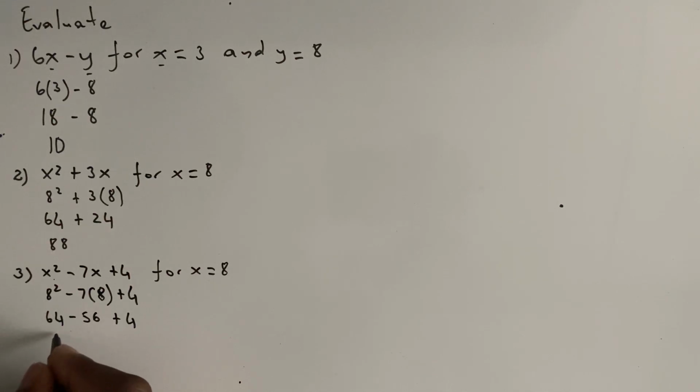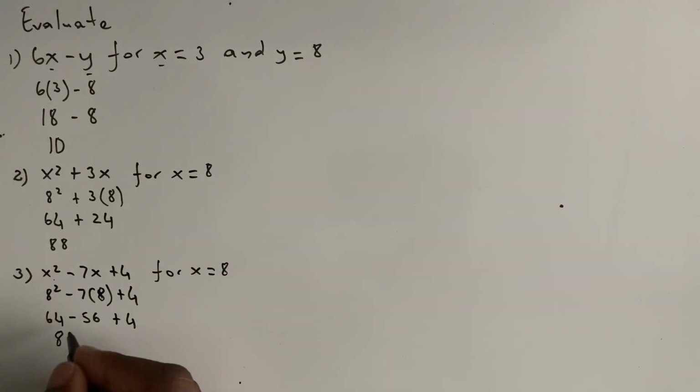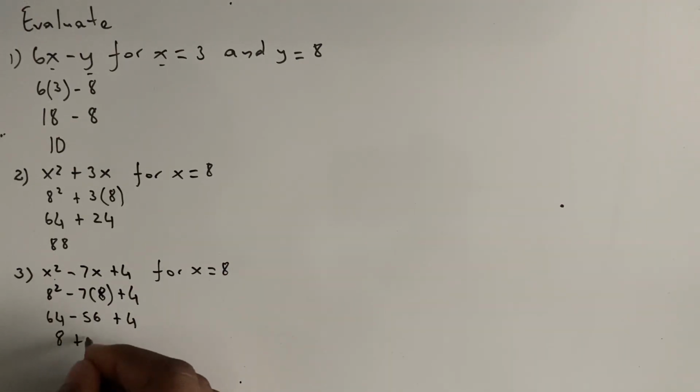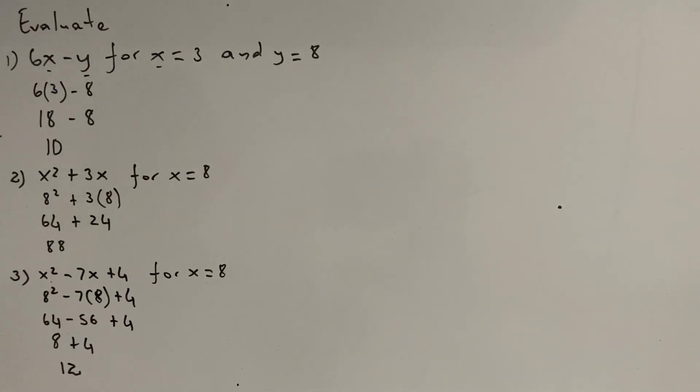You know how to subtract, so 8, because I keep the sign of the larger number. Now 8 plus 4 is 12. Very easy to do. All right, we got 12 for this one.